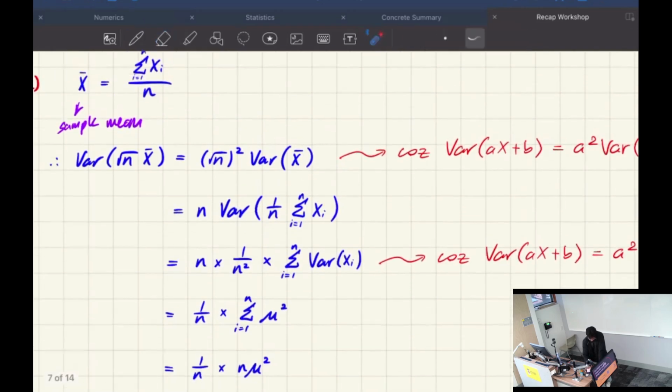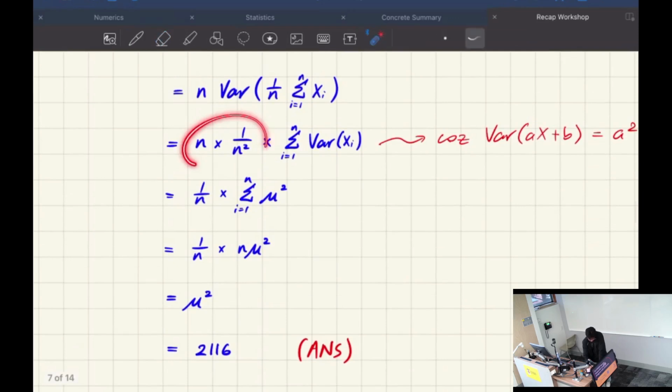So this one becomes 1 over n. And then we're multiplying the sum of mu squared n times. What this means is we're adding it n times, so it will look something like this.